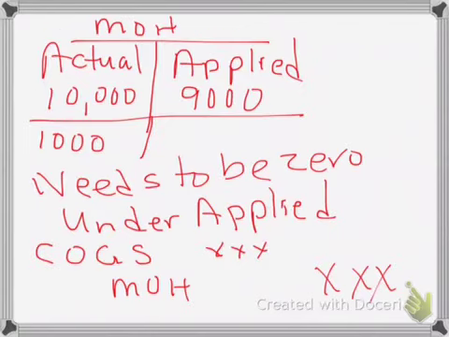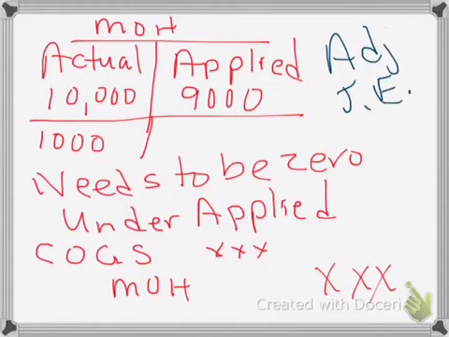One last thing we have to look at, remember, is an adjusting journal entry. So this is done at the end of the period. We have to make sure that the manufacturing overhead account is 0. In making that manufacturing overhead account a 0, we are going to have manufacturing overhead as one of our accounts. It either has to be debited or credited, and then cost of goods sold will be the other account that would have to be debited or credited.